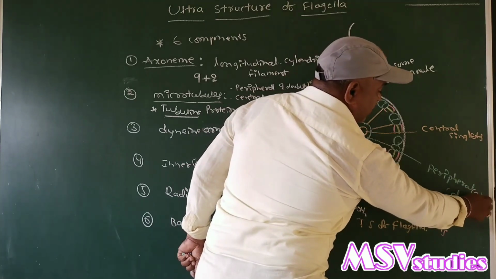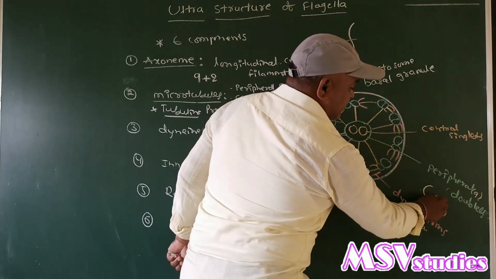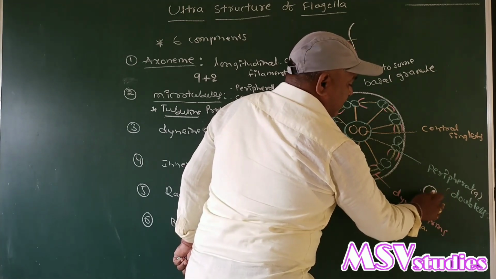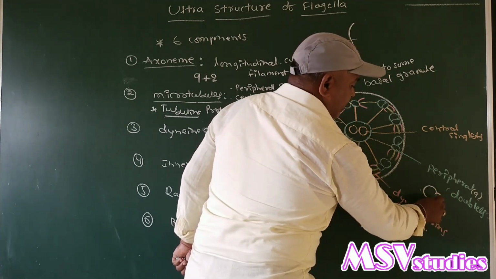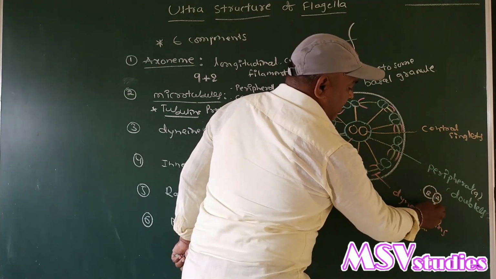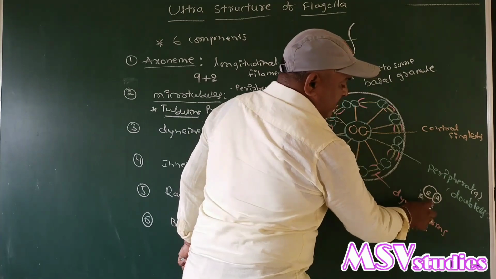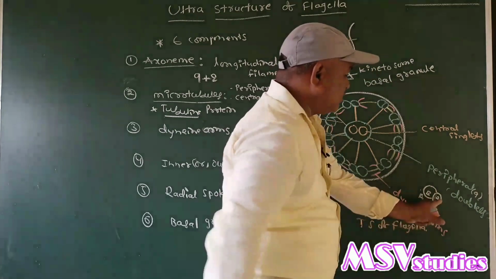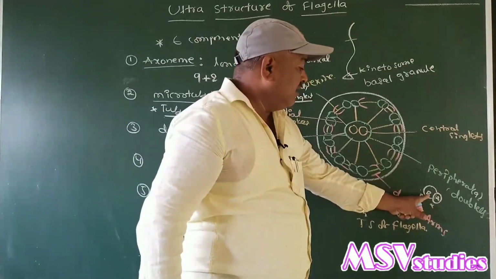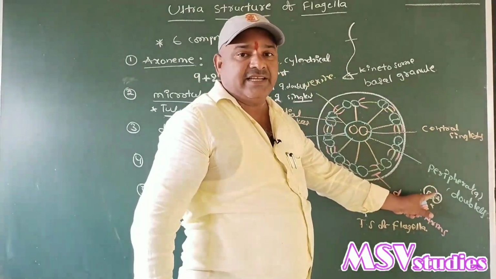In these 9 peripheral doublets, one is A, another one is B. This is A, this is B, alpha and beta. A is a smaller complete circle. B is a larger incomplete circle.